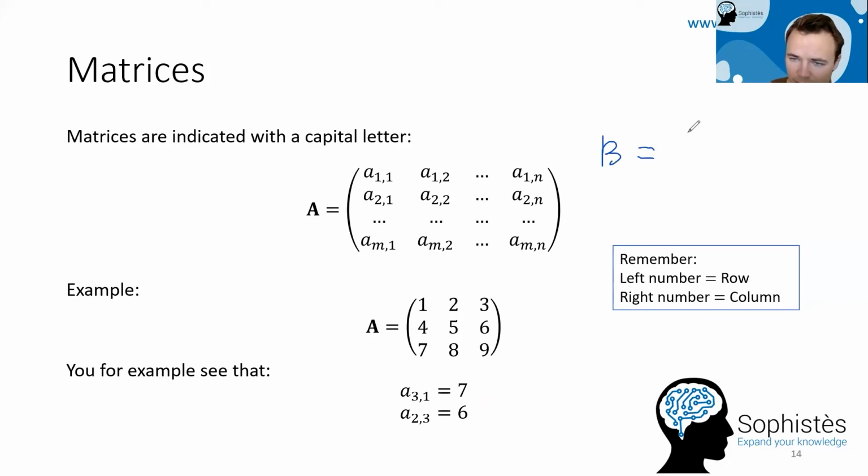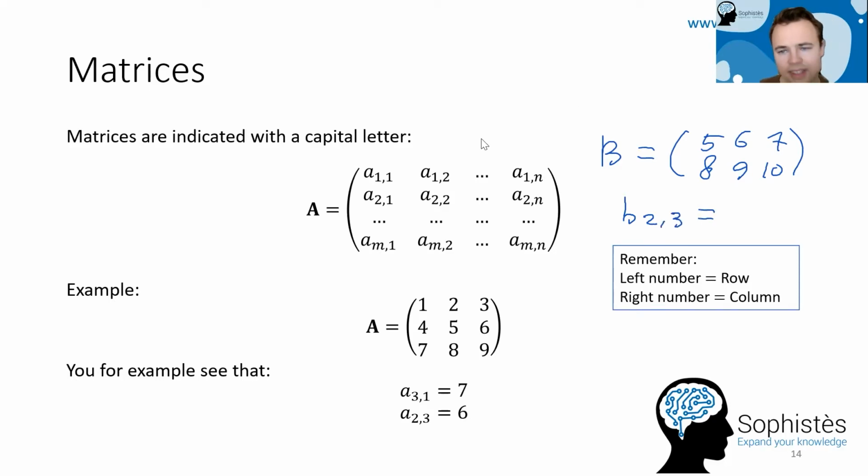So let's do a game. Here you have 5, 6, 7, 8, 9, 10. And I want to have the B2,3. Could you type in the chat what this number is? Which number do I get here?